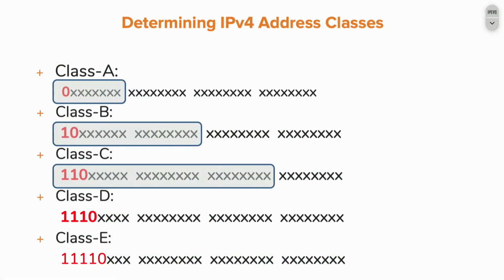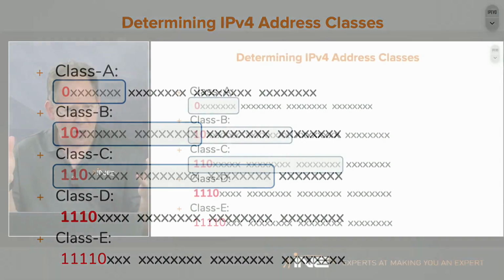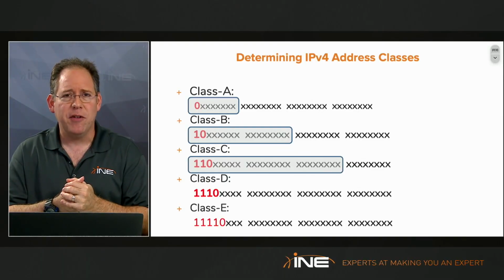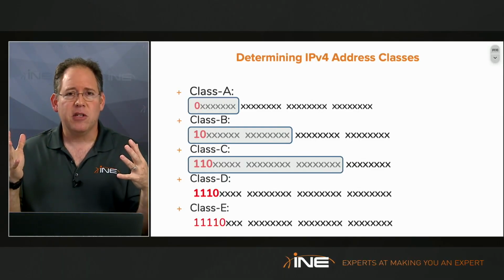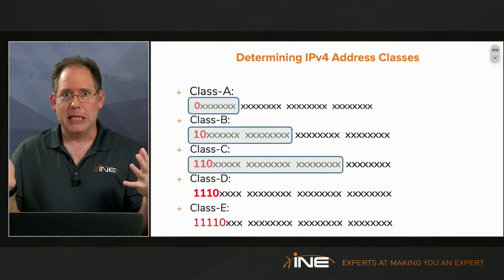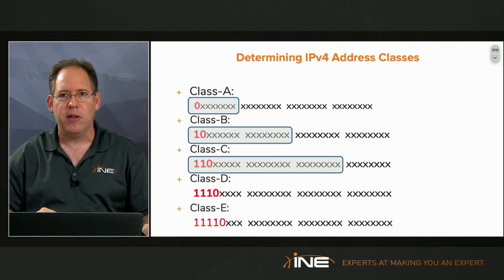Okay, well, this worked for the first handful of years of the life of IPv4. But it didn't take too long after IPv4 was originally invented that the developers of it said, wow, this is really catching on like wildfire. I mean, networks are sprouting up all over the place.